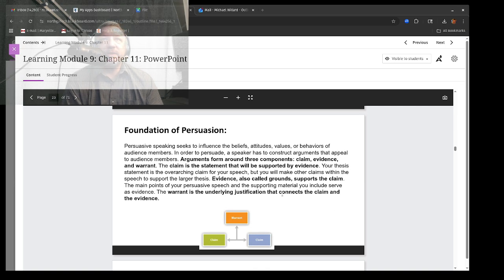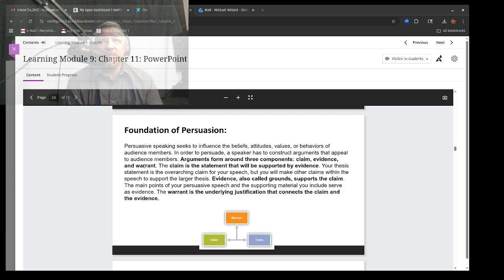When we think about the foundation of persuasion, it seeks to influence the beliefs, attitudes, values, or behaviors of audience members. The argument is made up of three components: a claim, meaning what we're going to persuade you about; evidence, which shows why something is a certain way and why you should feel a certain way; and a warrant.